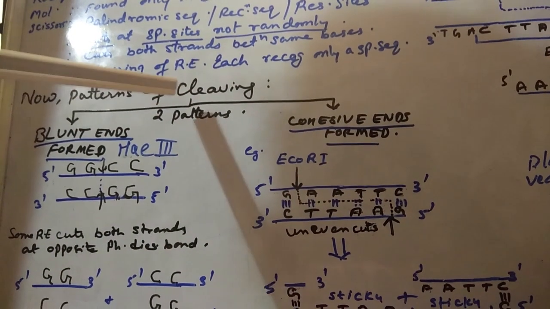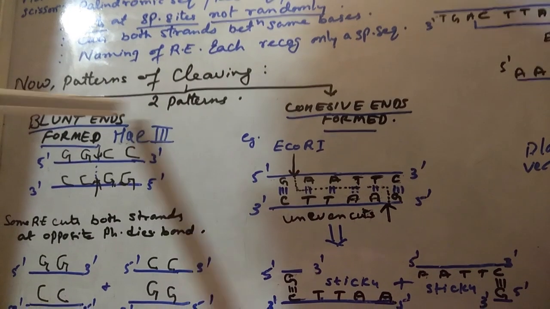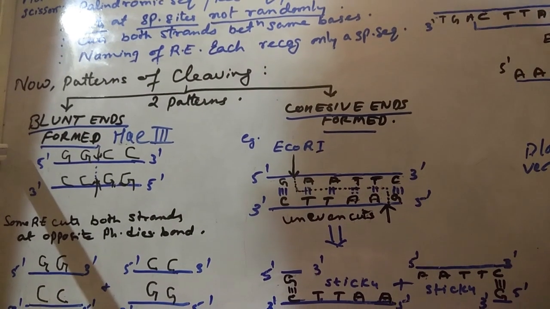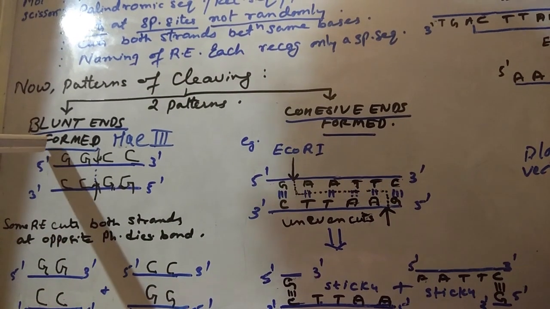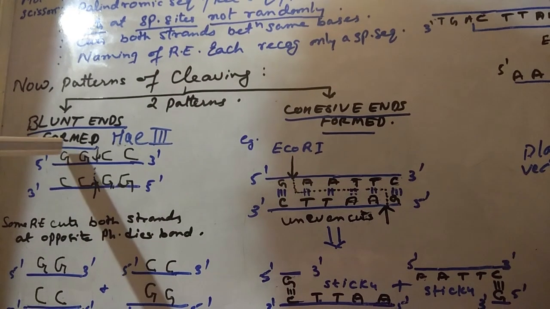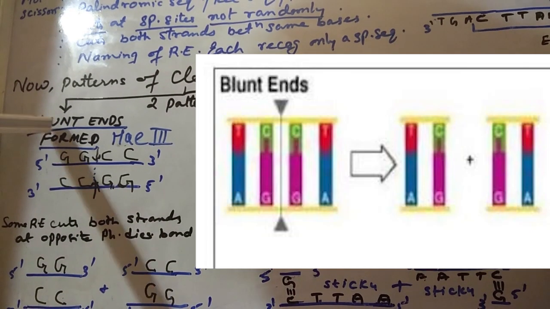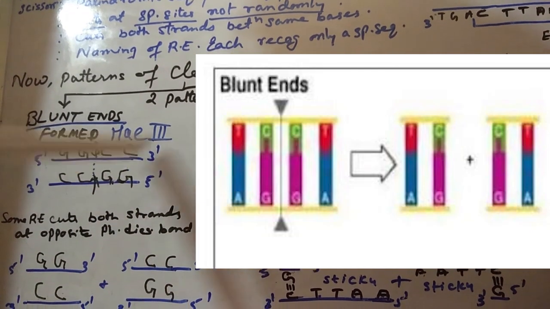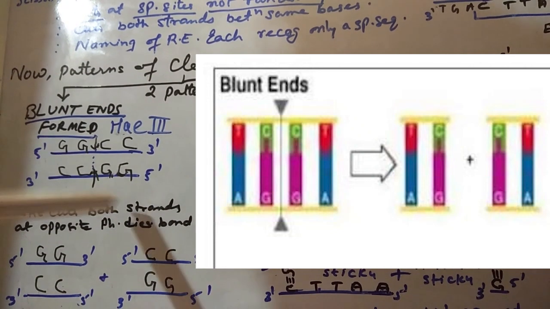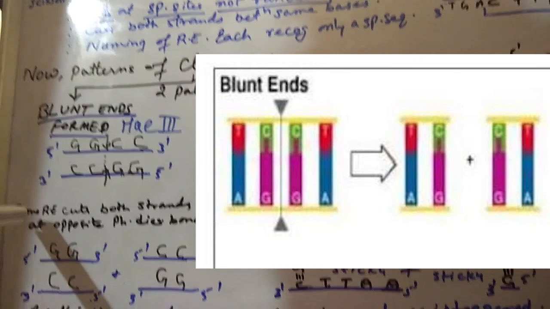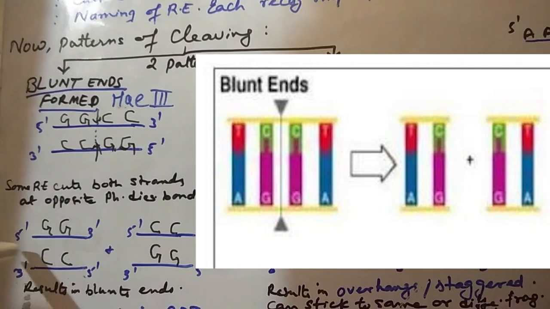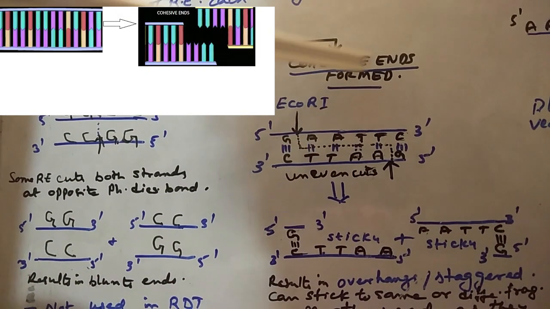See, when a particular restriction enzyme cuts a double-stranded DNA, it gives 2 types of fragments. Either blunt ends are formed, fragments having blunt ends. Blunt means both the sides are equally cut. Or it gives cohesive ends. Cohesive ends are formed.